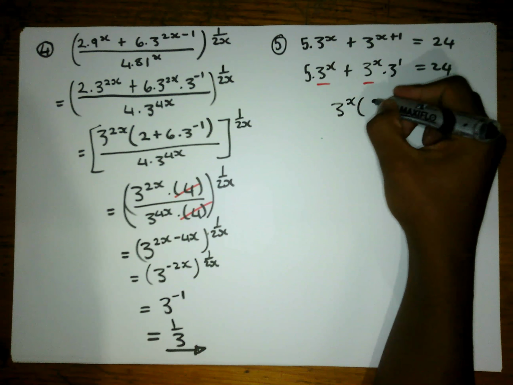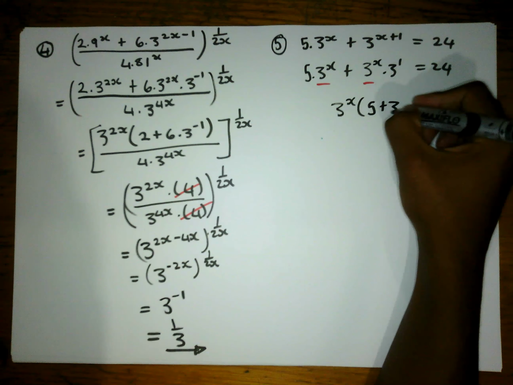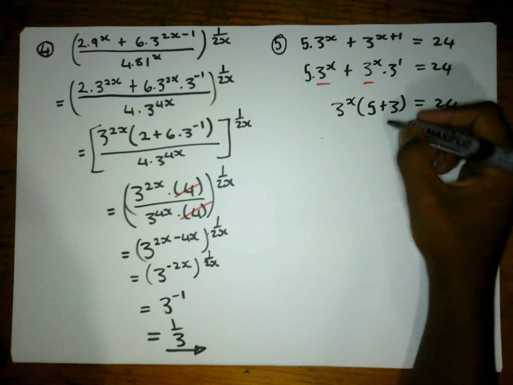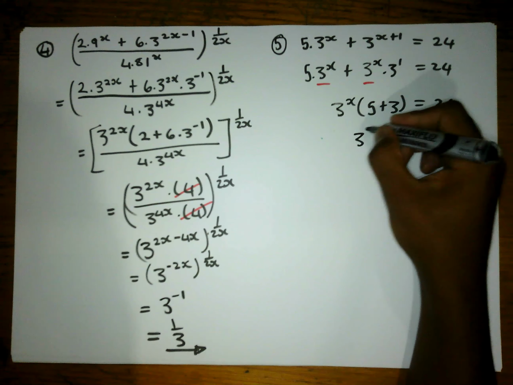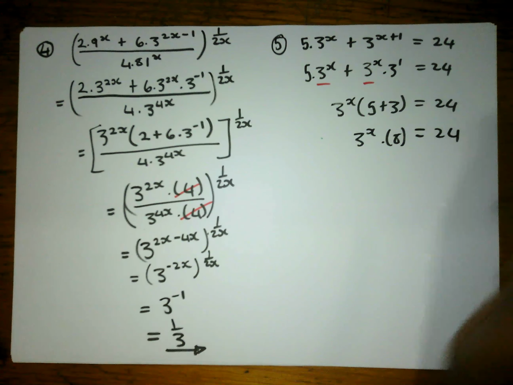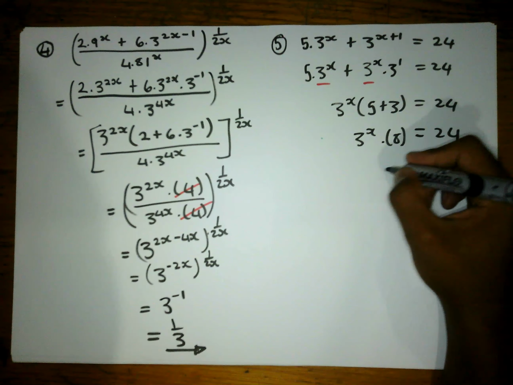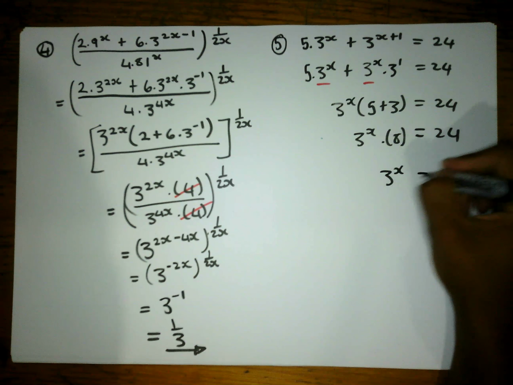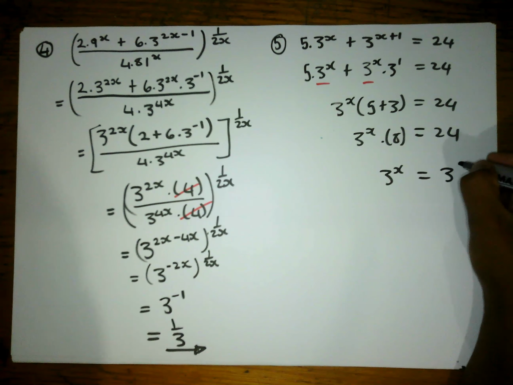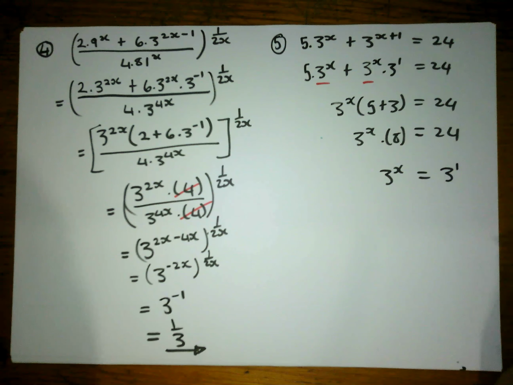Then we're left with 5 plus 3, 24. Then we're left with 3 to the power x, 8, 24. Then divide by this 8. Then we're left with 3 to the power x equals 3. We now have 3 to the power 1.